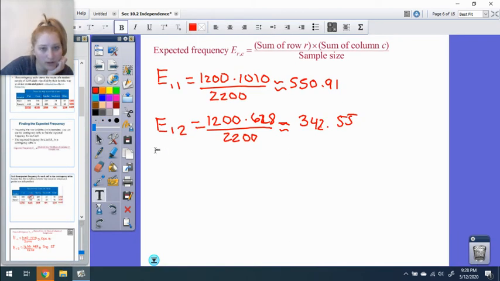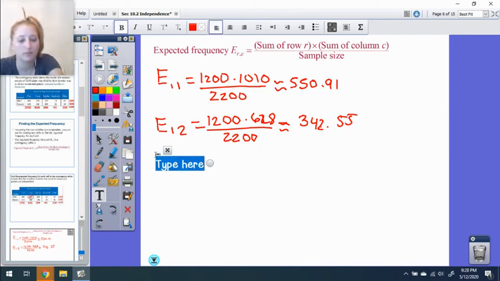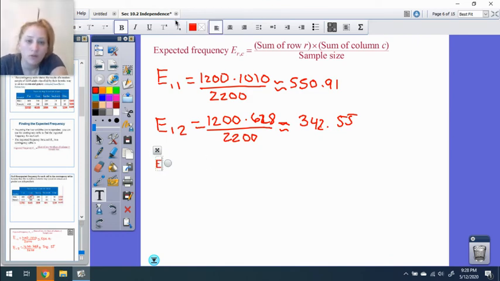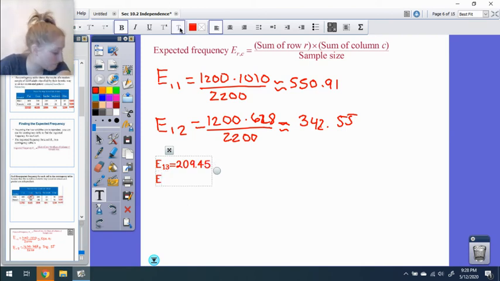Hopefully you actually did pause so that you could do this. E13 is about 209.45. E14 is about 73.09. If you need to see these equations written out, this example is in your textbook.